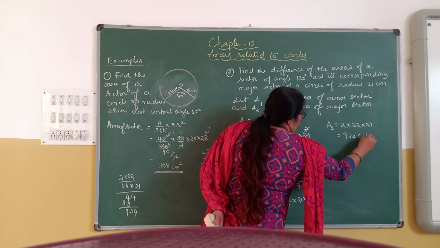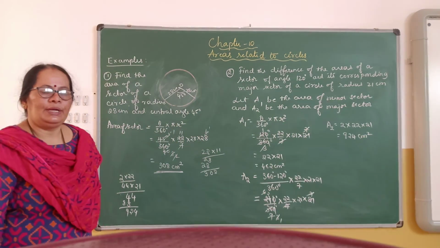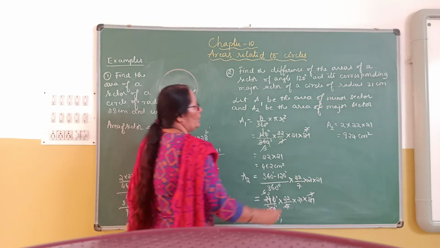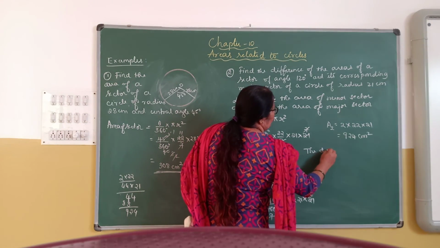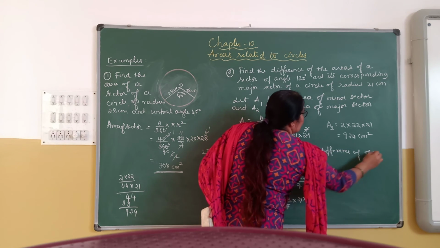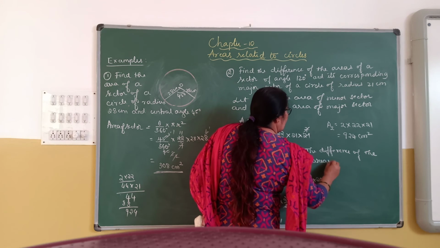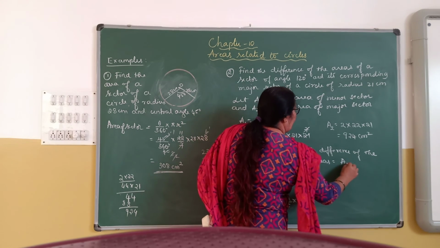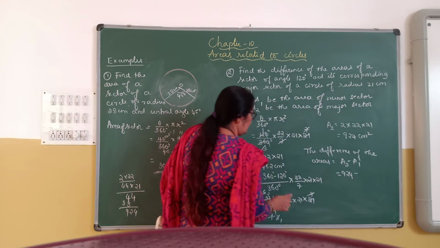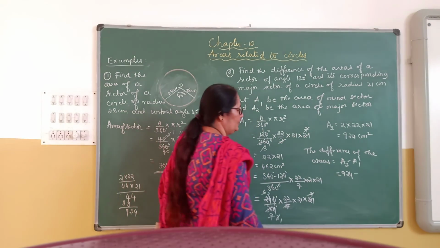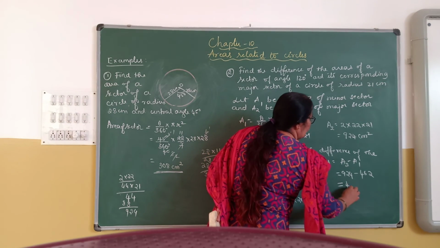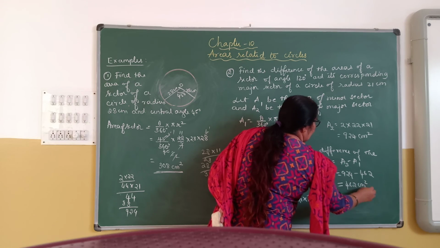924 centimeters square. Now you need to find the difference of the areas. So the difference of the areas equals A2 minus A1. So 924 minus 462 is 462 centimeters square.